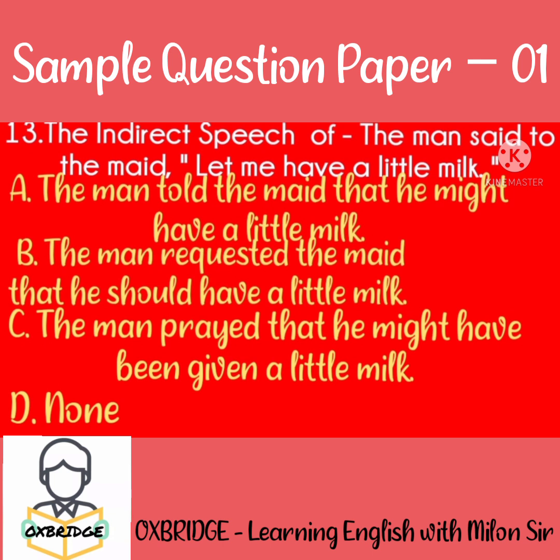So option A, the man told the maid that he might have a little milk, is the right one, because option B is completely wrong, as it uses he should have a little milk. And the third one is also wrong, because of he might have been given. The sentence is given in the passive form, so the third one is wrong. So option A is right. The man told or requested the maid that he might have a little milk.